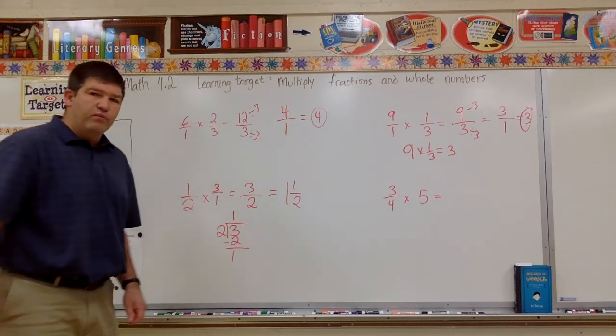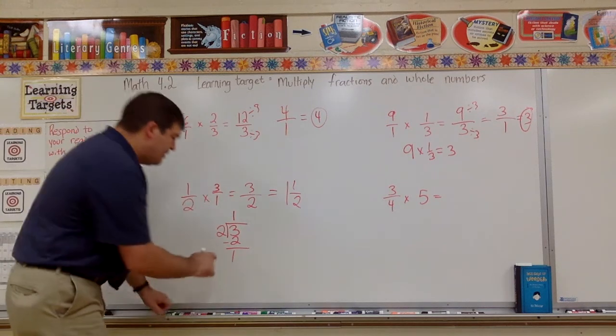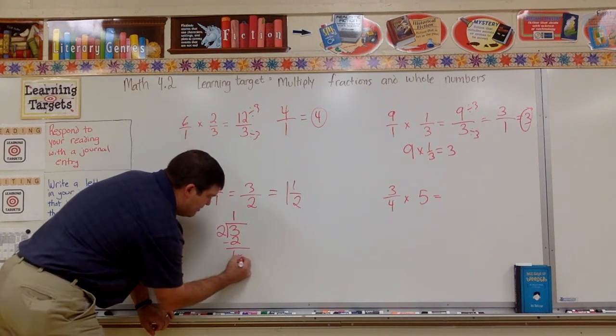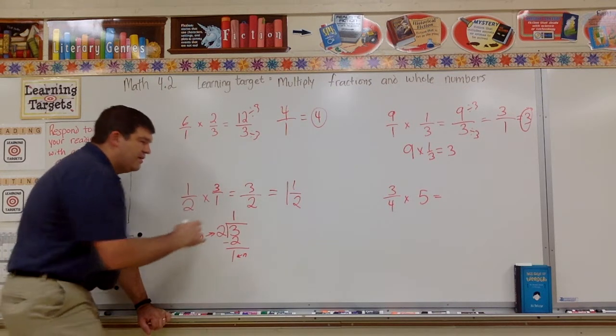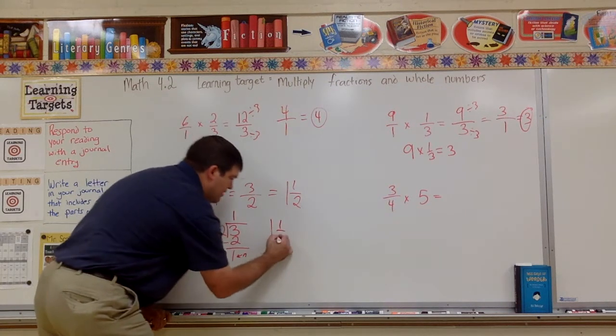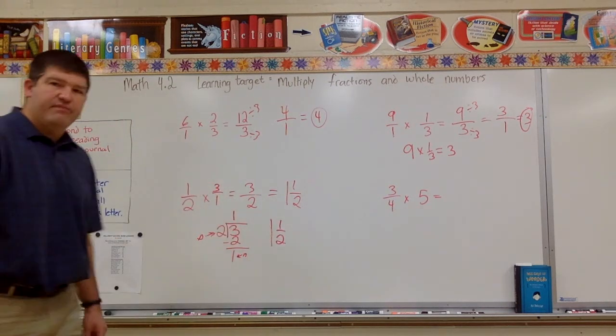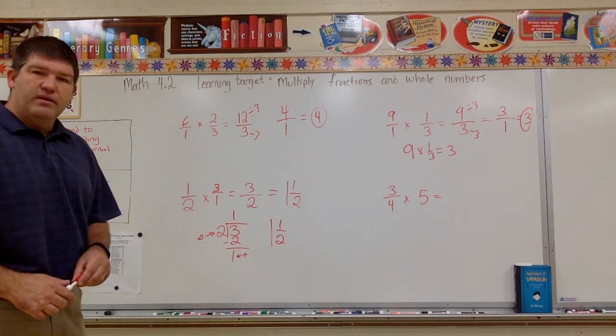I have a remainder of 1. The way you can turn a remainder into a fraction is this is the numerator, this is the denominator. So it's 1 whole with 1 and then 2. 1 1/2. Okay? You can always do that with division.